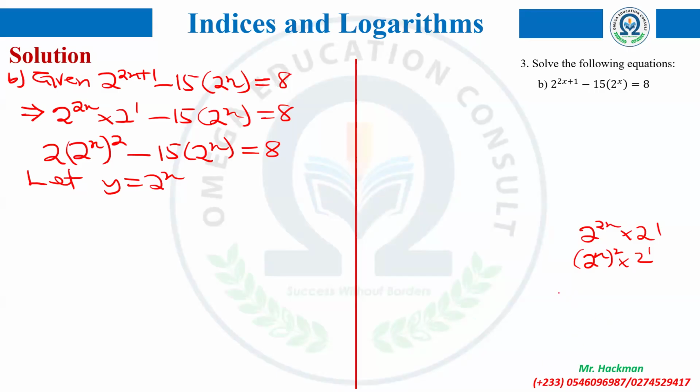Assuming I give you 2 to the power x plus 2 to the power x times 2, you can see that this time around they are like terms. So that one you can add.